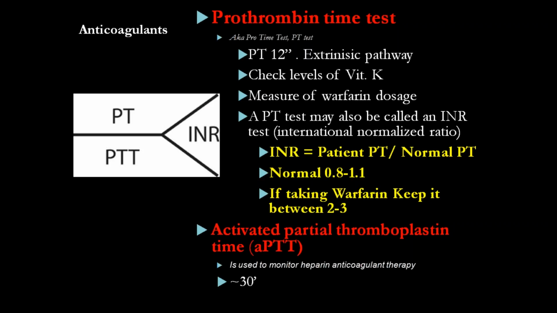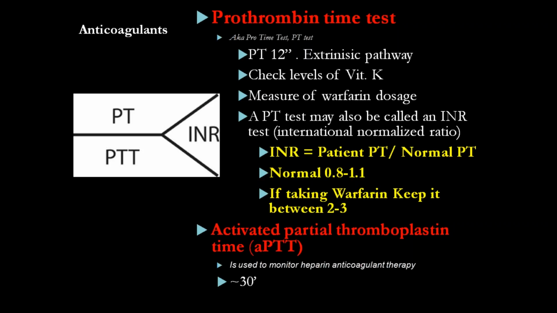Some proteins come from tissue, and some proteins are intravascular, or better to say in the blood. The ones in the tissue are called extrinsic. And some of these proteins are in the blood, and that is called intrinsic.